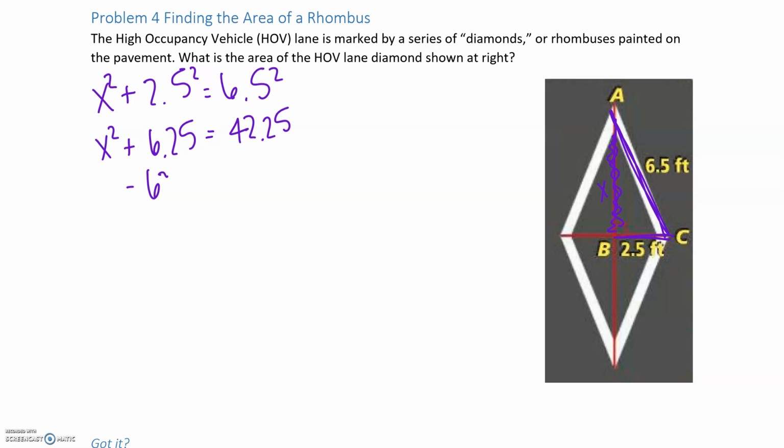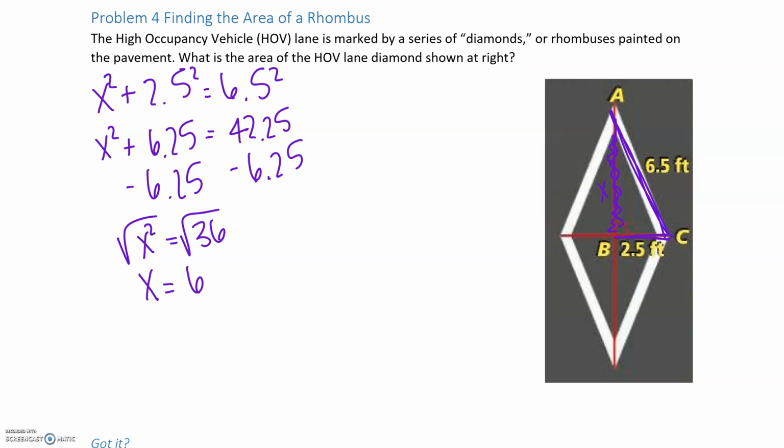So we're going to subtract that 6.25 from both sides. That leaves us with x squared equals 36, and that means that x equals 6. So our diagonal 1 is going to be 6 plus 6, which equals 12.